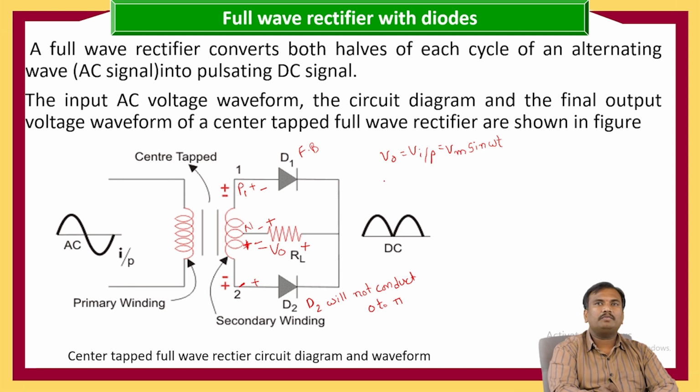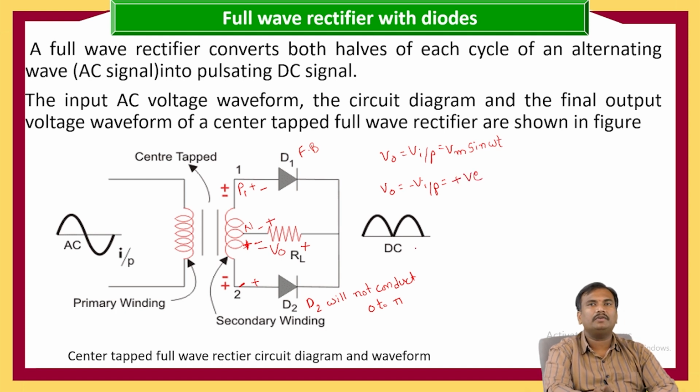So again the output voltage is equal to minus of input voltage. In this cycle we have minus Vm sin omega t. During the period pi to 2 pi, we have the negative half of the cycle, so minus of input voltage will become positive.